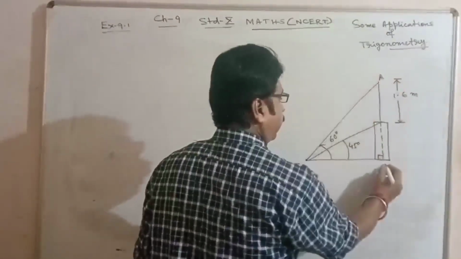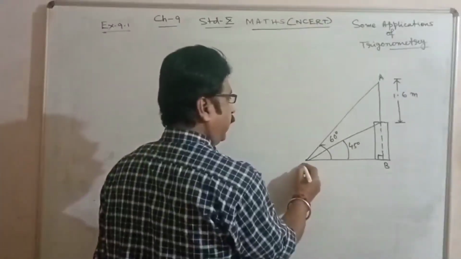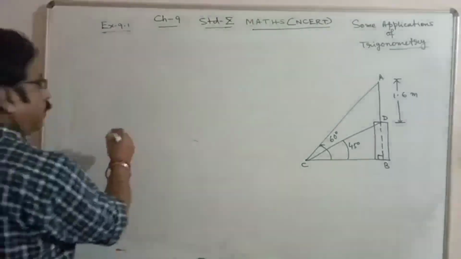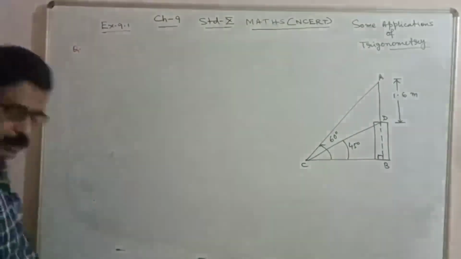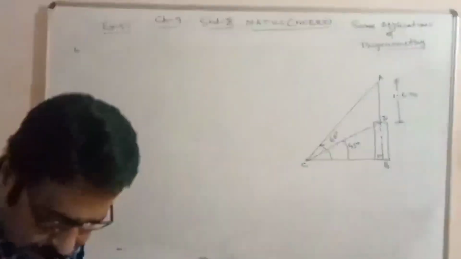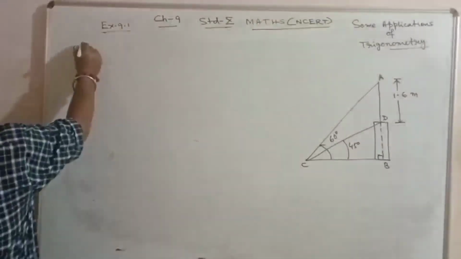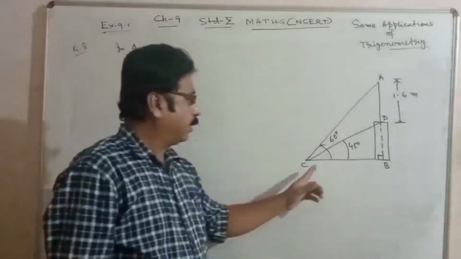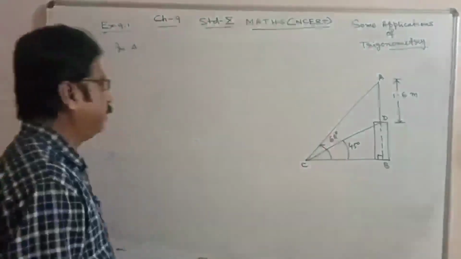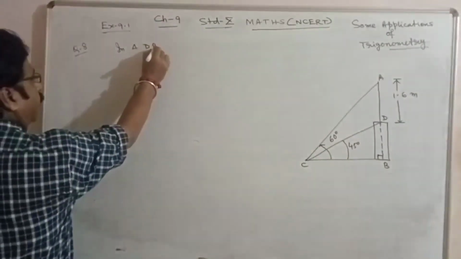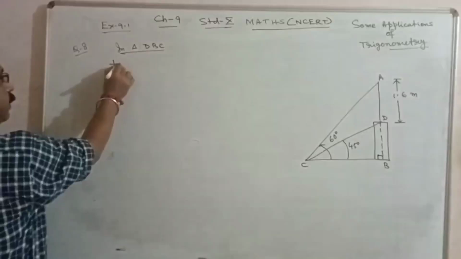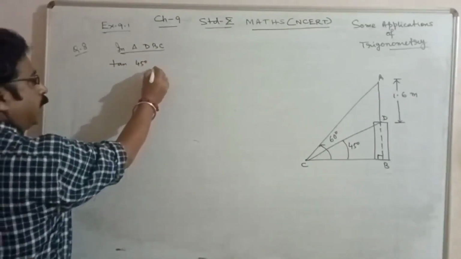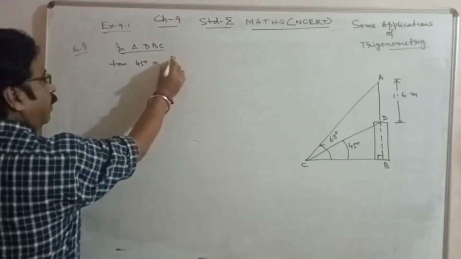Suppose it is A, B, C and D. Question number 8. In triangle DBC, tan 45 degree equals perpendicular upon base.